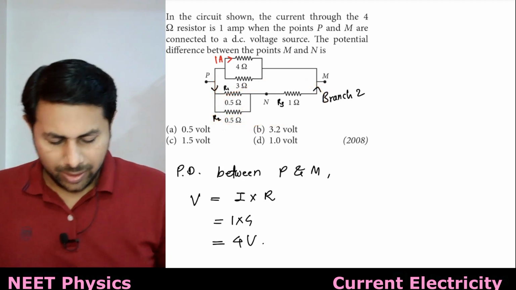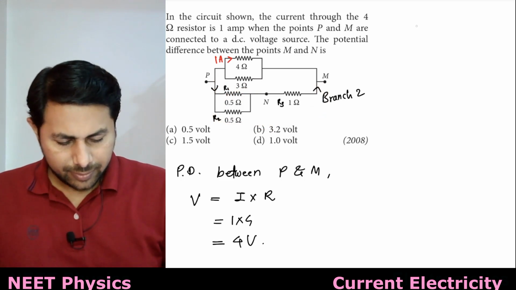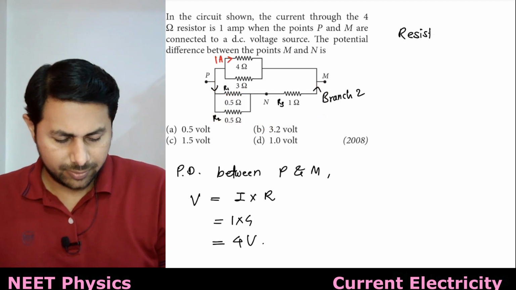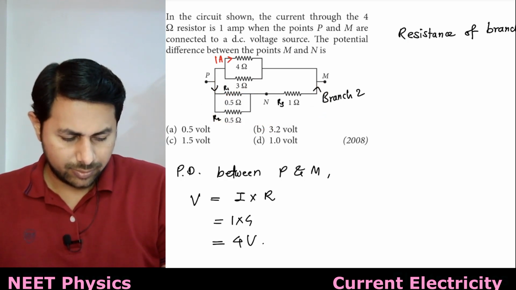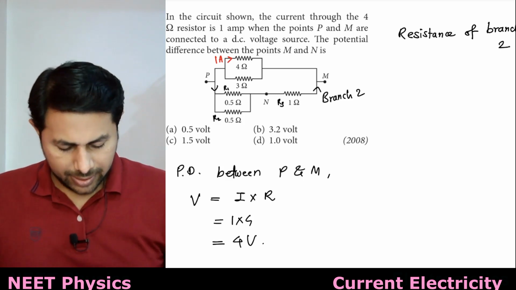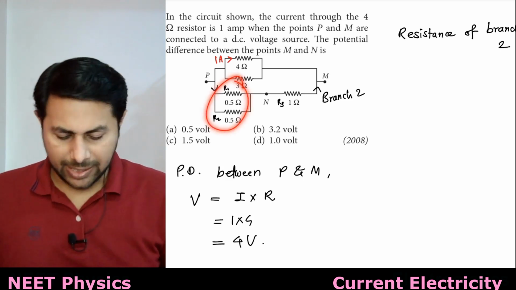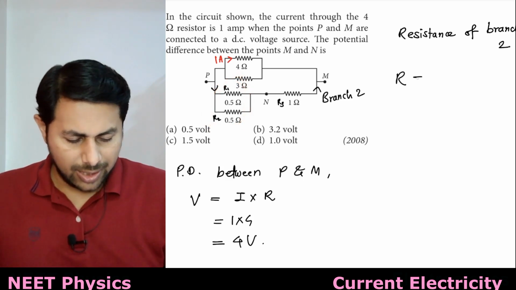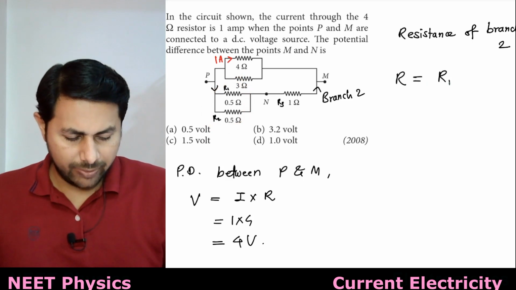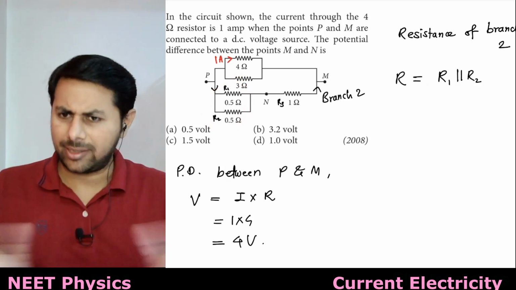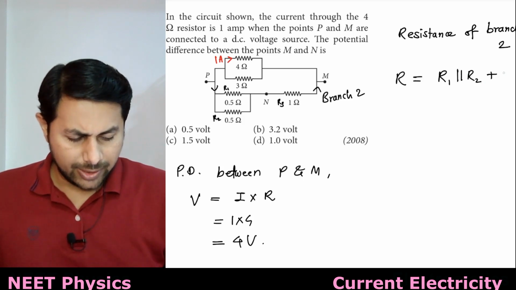Okay, so what is resistance of branch 2? R1 is in parallel with R2, so total resistance is, let's say, R, so it's R1 parallel R2, it's written like this, symbol for parallel, plus R3.